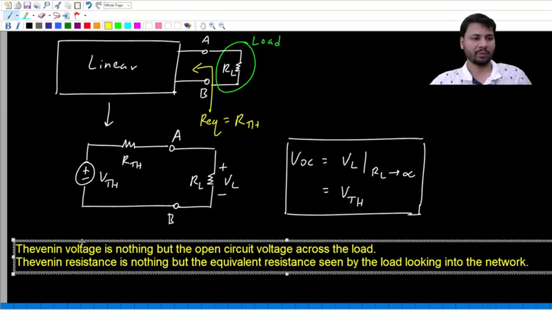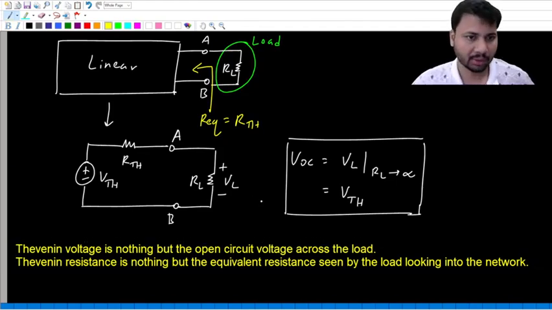So these are Thevenin voltage and Thevenin resistance. Okay.